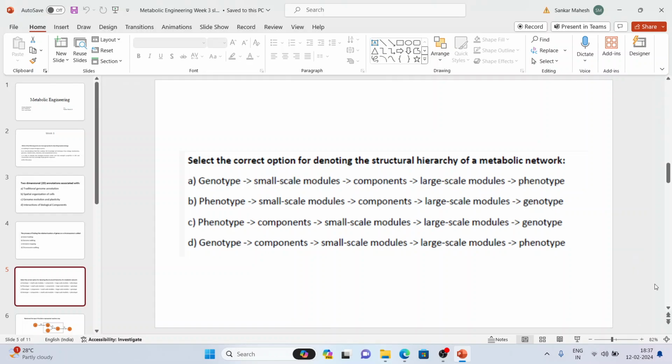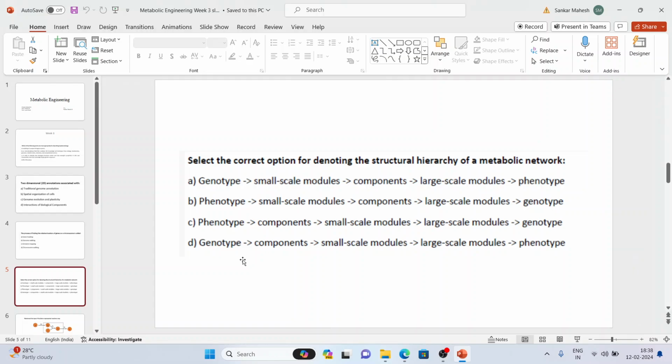That means we don't start with a specific trait that is being observed. Rather, we start with the sequences. So, if you talk about the structural hierarchy of a metabolic network, then phenotype cannot be the first component. We start with basic sequences when we are constructing metabolic networks.